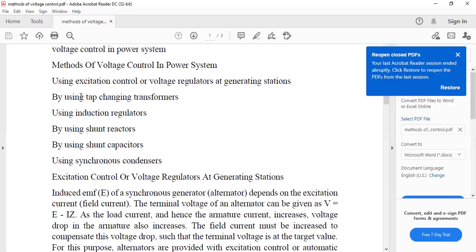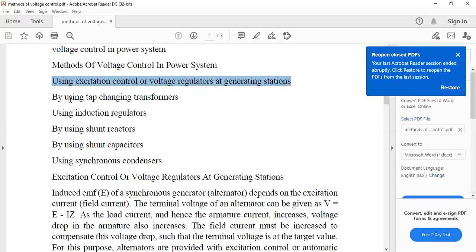First one: excitation control or voltage regulators at the generation side. This method is suitable for voltage control especially on the generation side. The next one is using tap changing transformers.